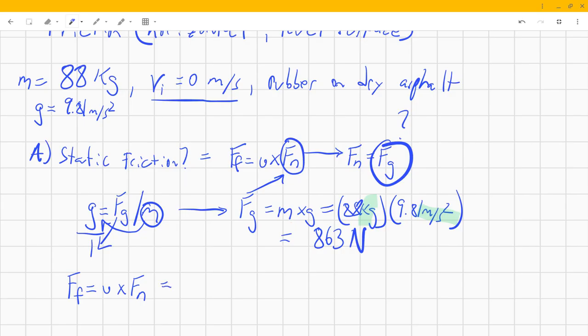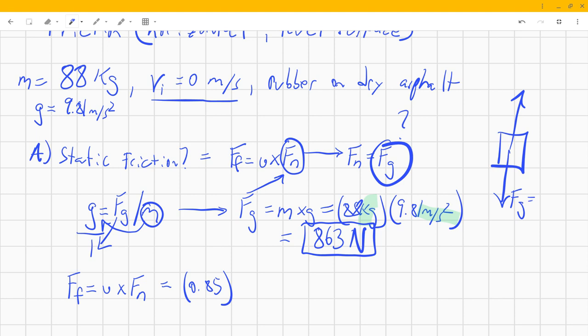So this will be 0.85 times, now we know that the weight of the object is 863 newtons, but that's also the normal force. So if I draw a crappy picture here, or a free body diagram, if we know that the weight is 863 newtons, that means that the normal force of the floor pushing back up is also 863 newtons.